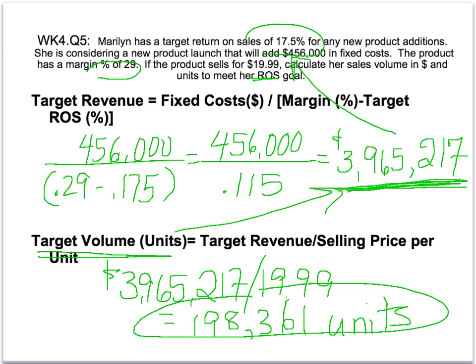So now I just want to illustrate to you how you can always check your answers. Let's go to the next slide and actually calculate our total revenue, total cost, and total contribution in order to make sure that we indeed, with these numbers here, yield an ROS of 17.5.